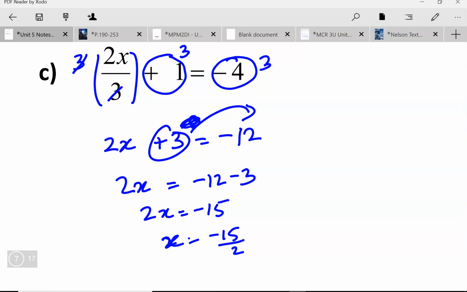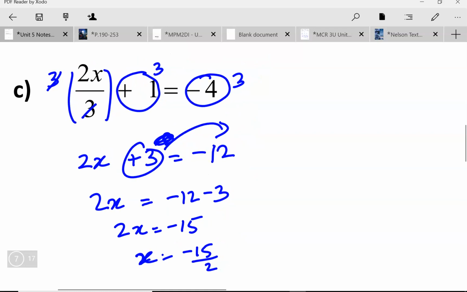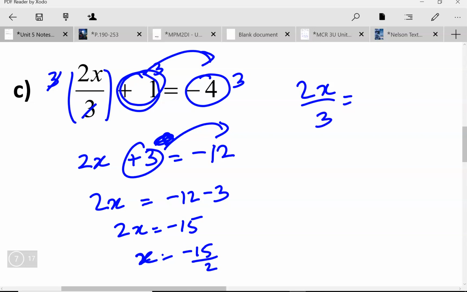Yeah. Another way you can do this is actually the way that it's done in your notes. Before you multiply by 3, you're going to move this negative 1 over to the side first. So you're going to get 2x over 3 equals negative 4 minus 1. Just follow the rules of reverse BEDMAS. First, you get rid of the addition. So 2x over 3 equals negative 5.